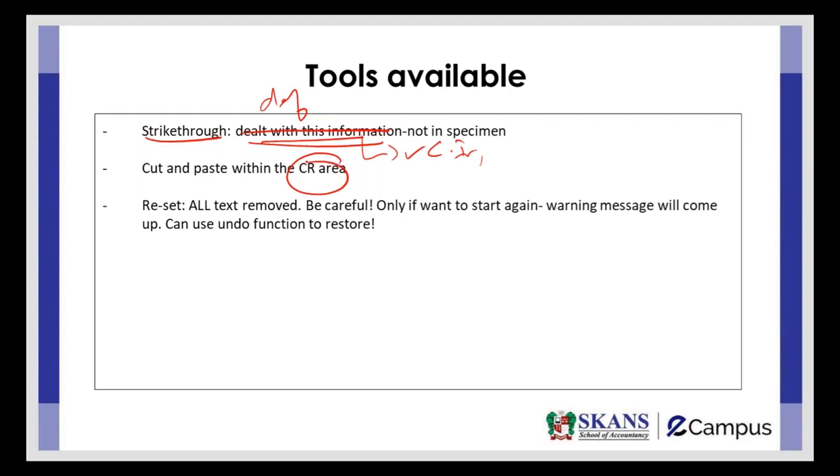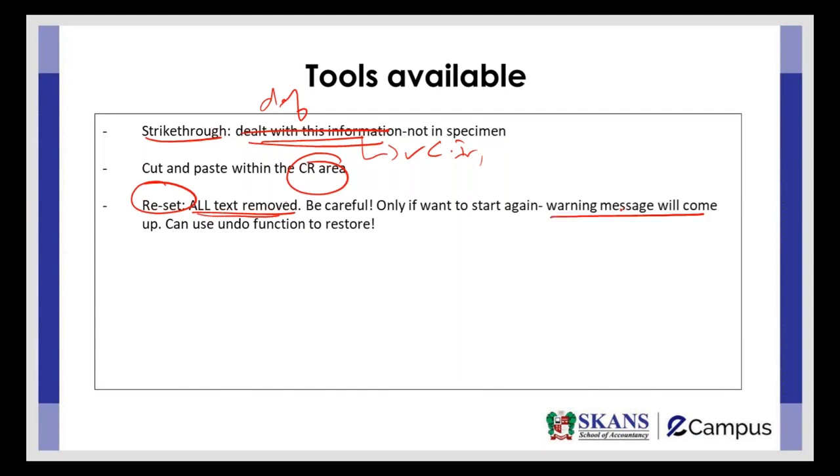You can copy and paste, cut and paste within the answer area. So you cannot copy from the question to the answer, but within the answer area, you can copy and paste things as well. There's a reset button. Be very careful when you use this, because whatever you have typed up will be removed. Only press this if you want to start again.